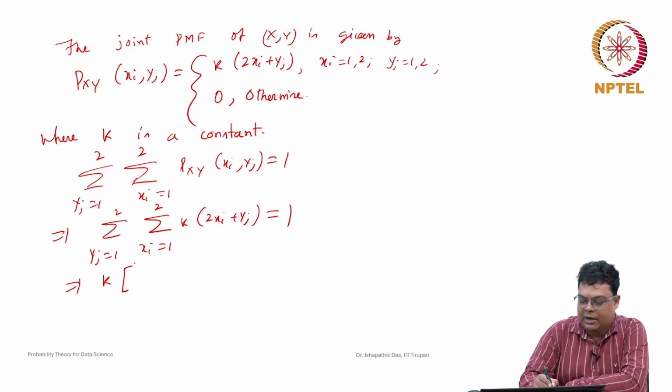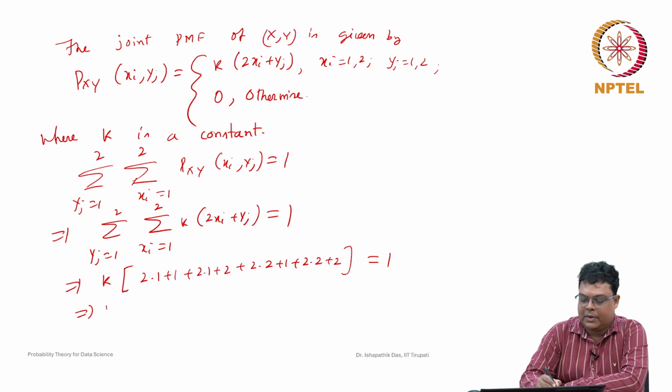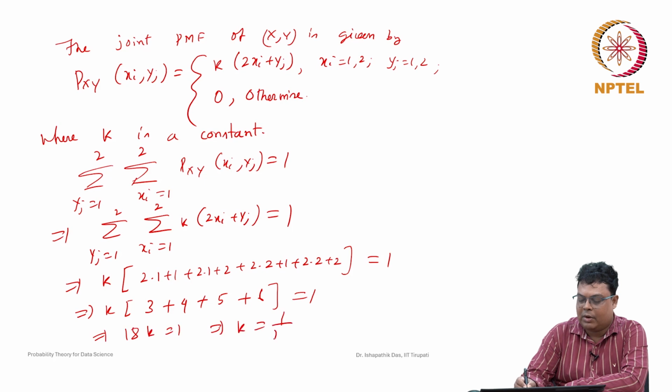So we have 2 into 1 plus 1, plus 2 into 1 plus 2, plus 2 into 2 plus 1, plus 2 into 2 plus 2. This is k into (3 plus 4 plus 5 plus 6), equal to 1. So 18k equals 1, which implies k equals 1 by 18.